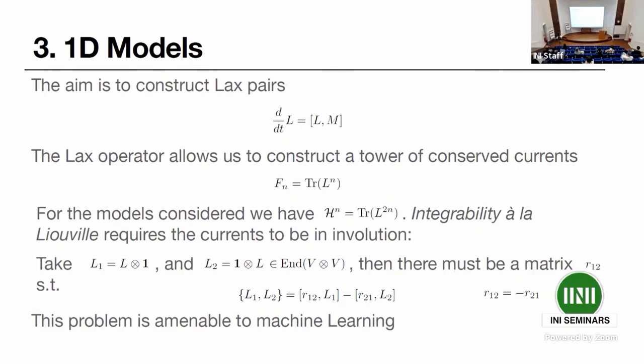So basically, if I take the tensor product of vector spaces on which L acts, then taking a single Lax pair, I can build now two Lax operators, and then basically I need to satisfy this relation for a matrix. And then the idea is that this matrix R12, or this R matrix, indeed exists. And these types of problems have been shown to be amenable to machine learning.